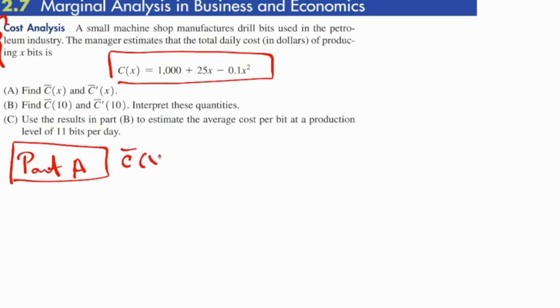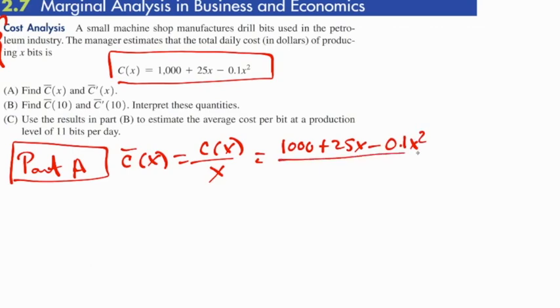So C bar of x is equal to C of x over x, which is 1000 plus 25x minus 0.1x squared all over x. And in our derivative notes for section 2.5, we practiced rewriting these fractions so that we can work with them on a term-by-term basis.